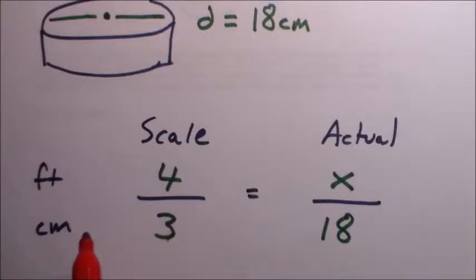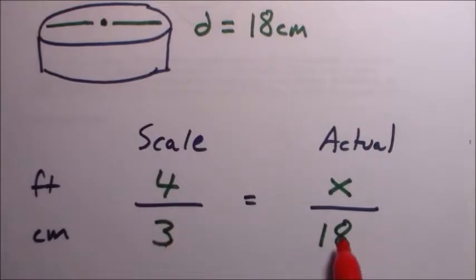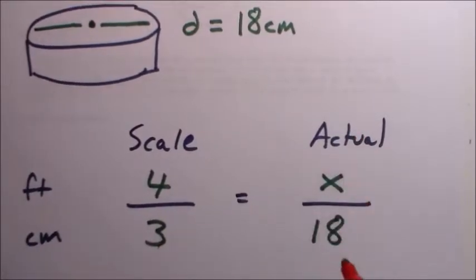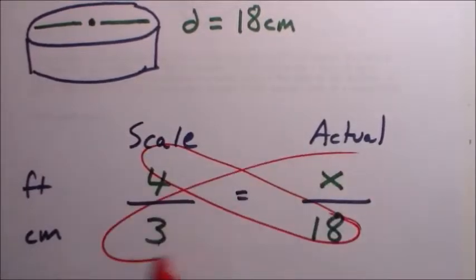Centimeters will always be on the same side, either top or bottom, because it's a comparison to feet. So put centimeters here, and 18 centimeters, the diameter, on the bottom for the actual size of the fountain. Then 4 goes up here, and all we have to do is a little cross multiplication.